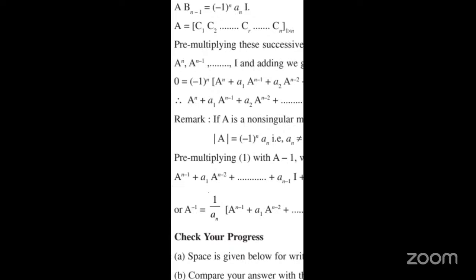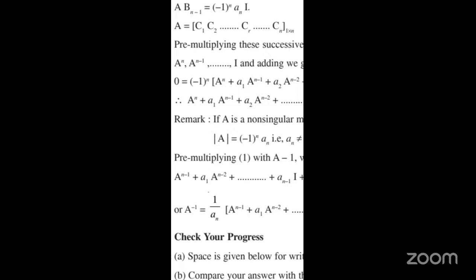This theorem is given in the final examination. The type of question given is to state and prove the Cayley-Hamilton theorem, and to find the inverse of the given matrix by using the Cayley-Hamilton theorem. After the simplification, we have this expression in terms of A power n.